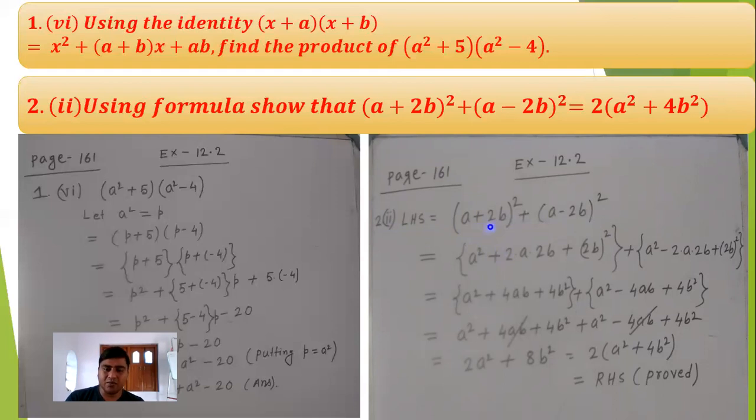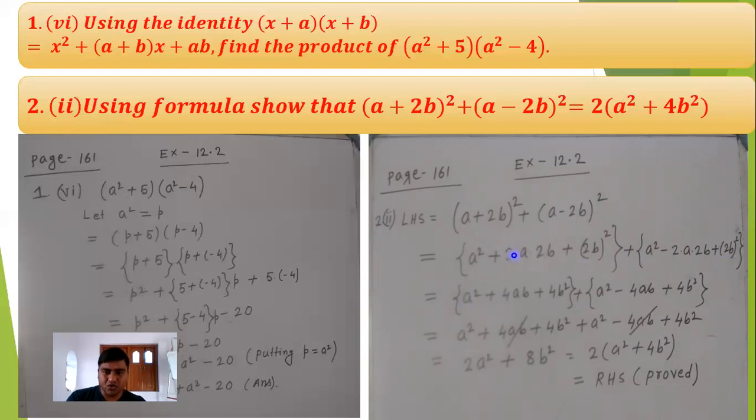Now the formula of a plus 2b whole square is a square plus 2 into a into 2b plus 2b whole square, plus a square minus 2 into a into 2b plus 2b whole square.